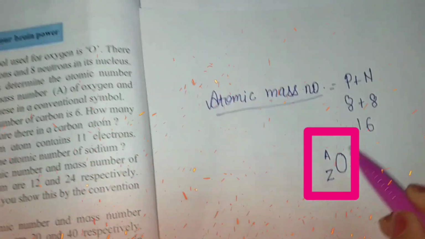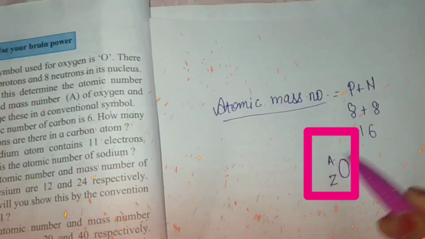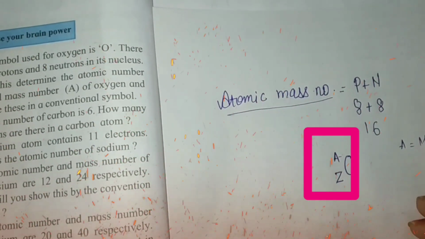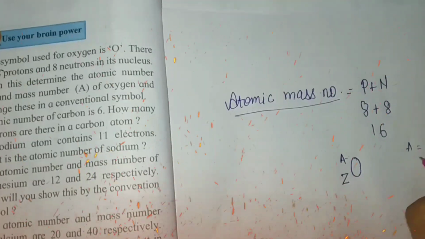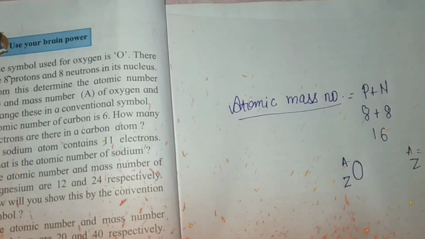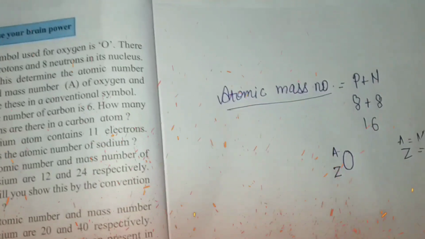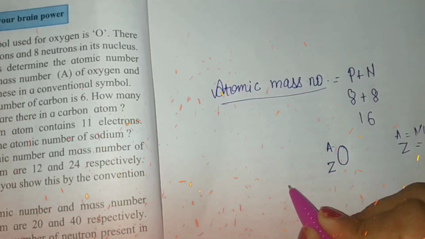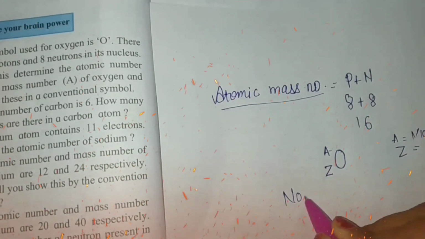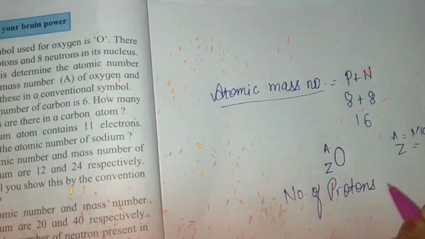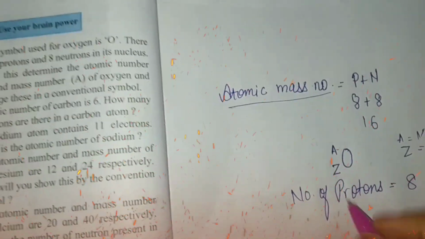Now see, here A is the mass number, whereas Z is equal to the atomic number. Got it? Now see, the number of protons given is equal to 8.